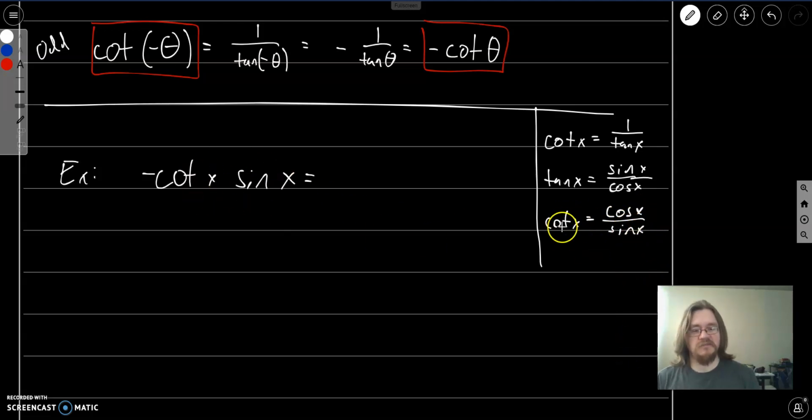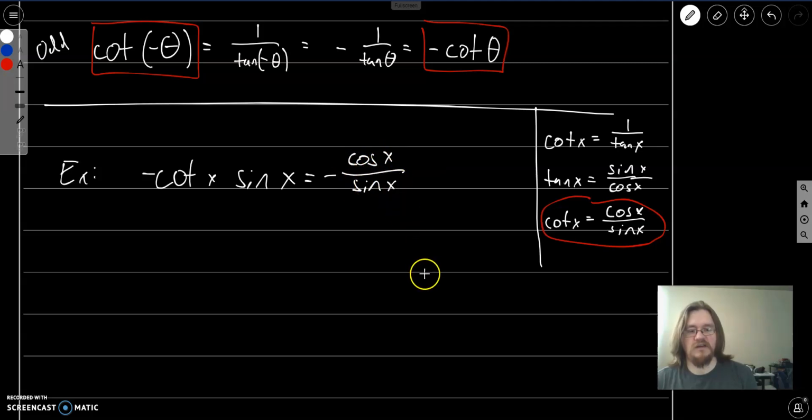So let's plug that in here. I know that the cotangent is equal to cosine over sine. If I plug that in, the negative sign doesn't go away, but now I have negative cosine over sine times sine of x. And now I can see that I've got a sine x and a sine x, and those are going to cancel.